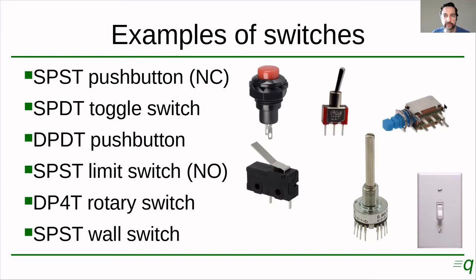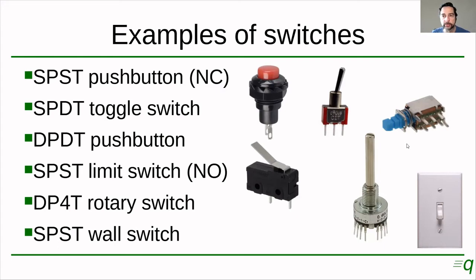Next, we have this one here. This is a DPDT push button. So it seems to have a lot of terminals, but these are just for mechanical support, and this one the same. So these are connected to the case. They don't have an electrical function. So it actually has 1, 2, and 3 terminals on one side, and 1, 2, and 3 terminals on the other side.